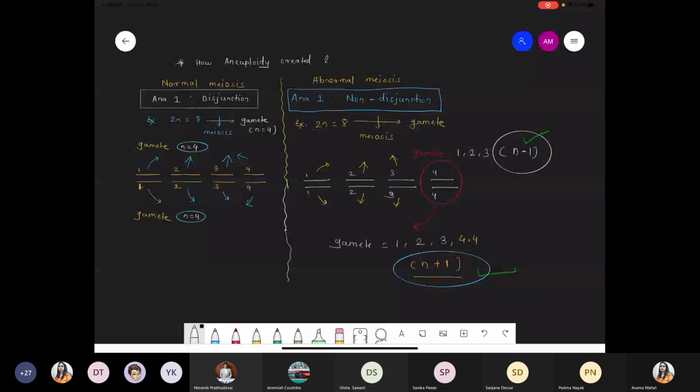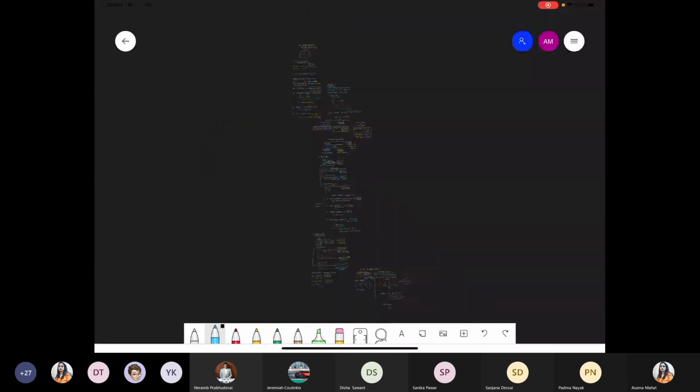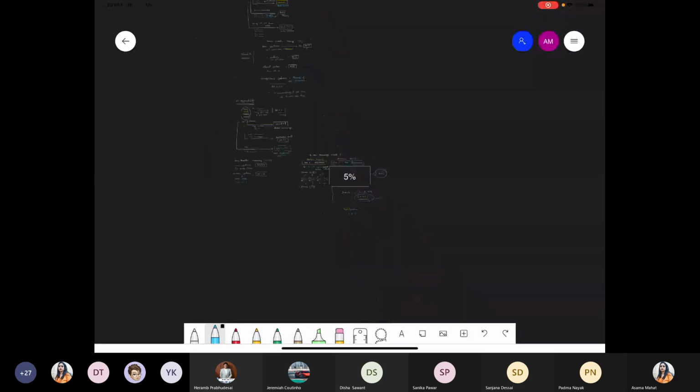Now, just imagine we are talking about what happens during the fertilization process. Suppose this abnormal meiosis product, the gamete, undergoes fertilization. In this condition, we are talking about n minus 1. That n minus 1 gamete crosses with n, the normal haploid gamete.